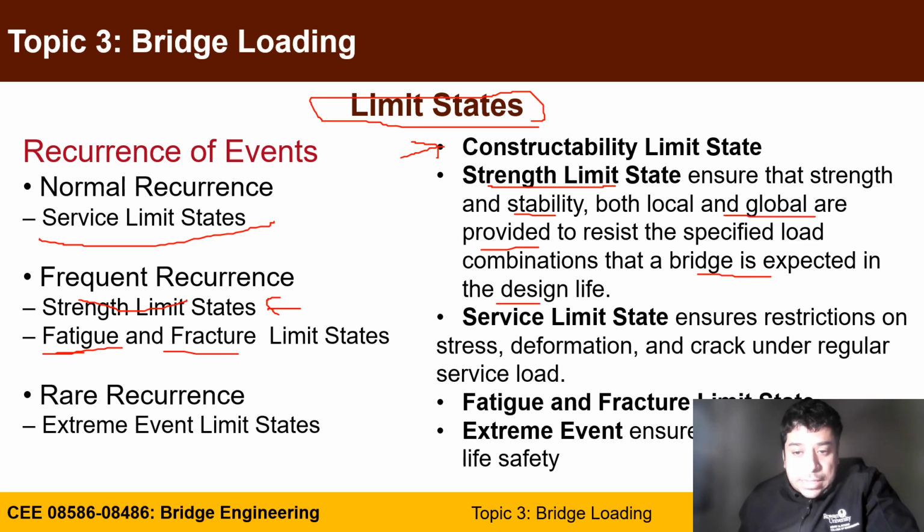So in this case, we will use higher load factors because we can estimate this load to be at this level, but maybe live load could happen as overloads. So we will make sure that the structure still has enough strength and stability for this limit state.